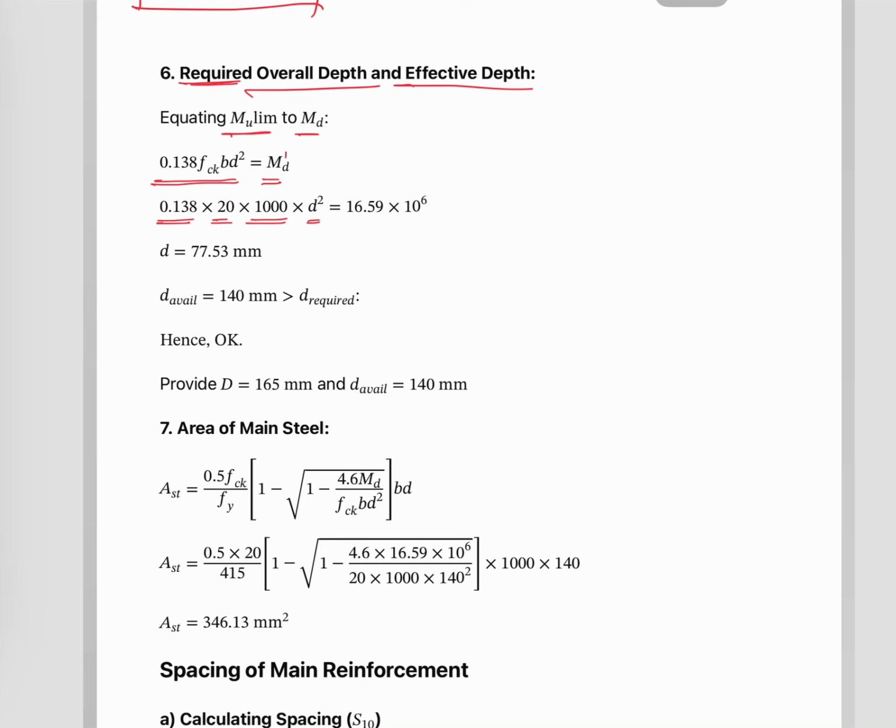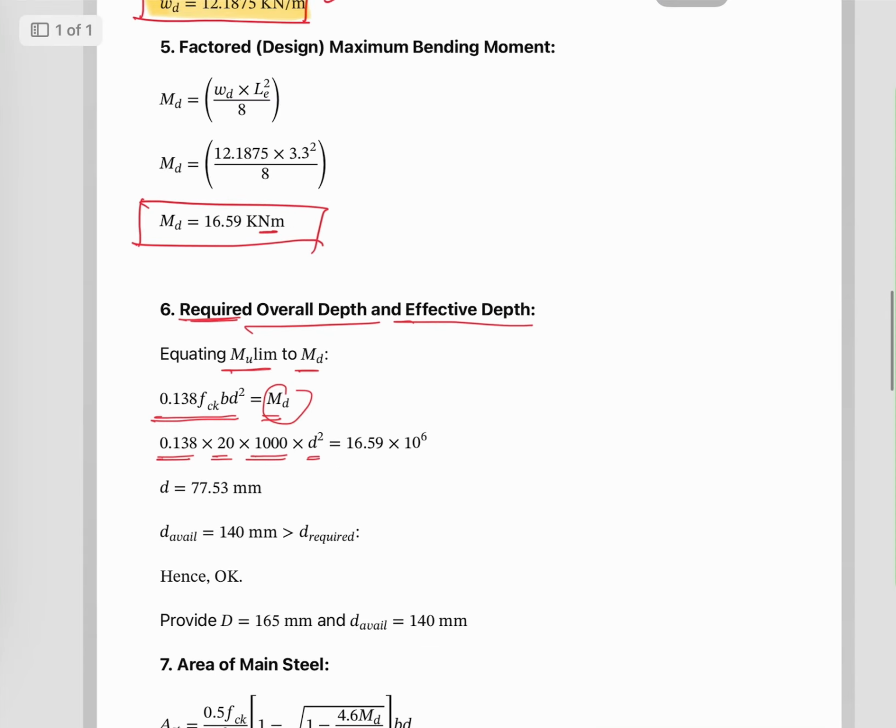Md we already calculated as 16.59 kilonewton meter, but this is in Newton, so we multiply by 10 raised to power 6.